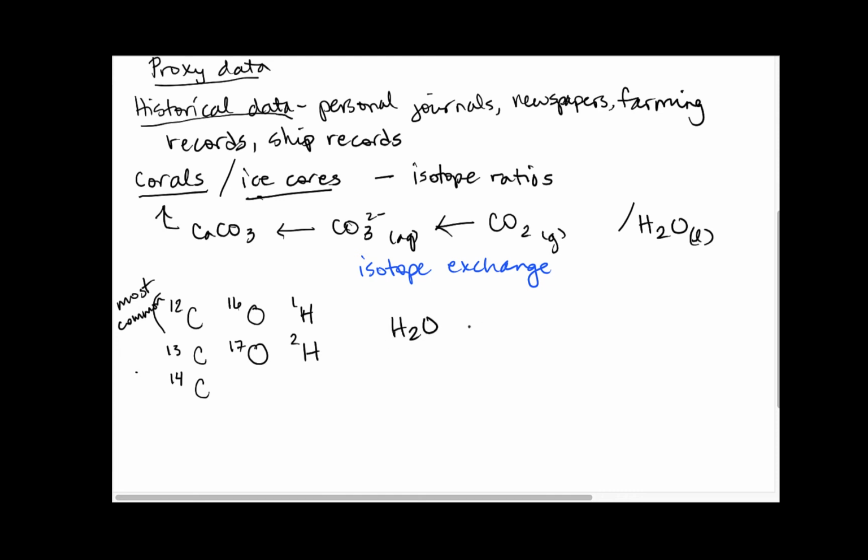So if we're talking about water molecules, then water in ice cores, or water that is contributing potentially to a carbonate, we could have hydrogen-1, oxygen-16, hydrogen-1, which would be normal light water. And then we could have slightly heavier water with an oxygen-17. We could also have a deuterium. We could have a 17 and a deuterium, although the odds are pretty low. And of course, we've got lots of different combinations of these.